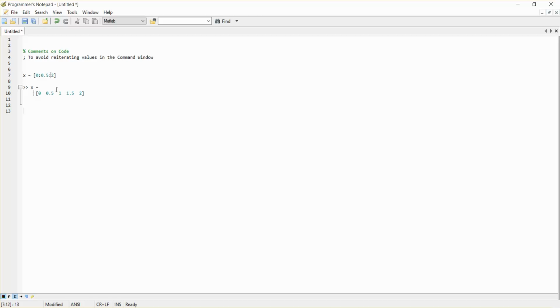Now, if you were to do something like just 0 to 2, MATLAB is going to assume that the step value is 1. So you'll just get 0, 1, and 2.